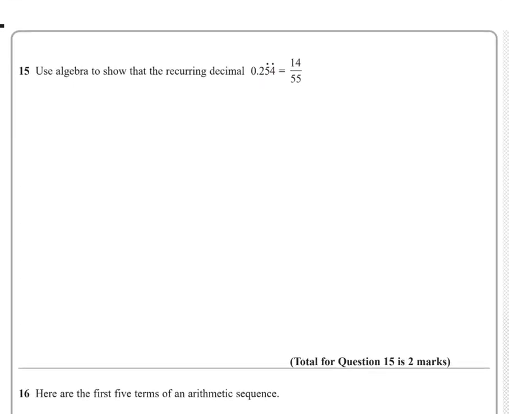Okay, use algebra to show that this is true. Now, interestingly, this has been removed from the syllabus. This is one of the few things that won't appear in 2022, but I'll show you how you're supposed to do it. So x is 0.2545454..., and the way you want to do it is you want to line it up so you just get the recurring bit by multiplying by 10.